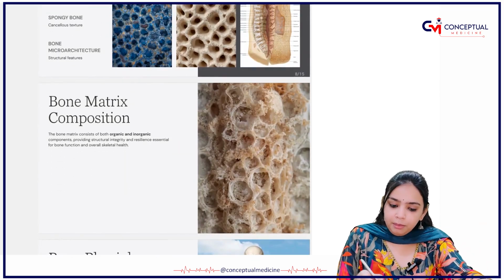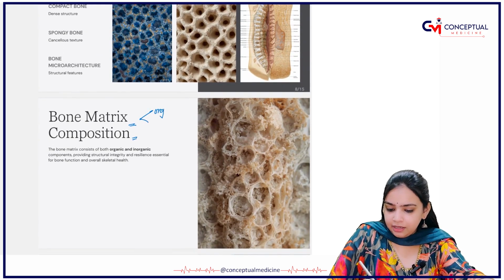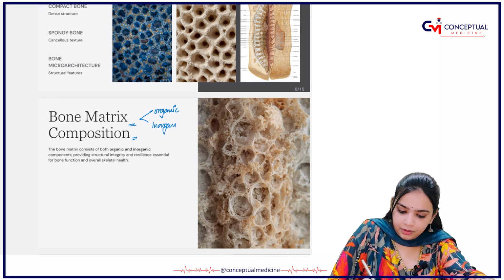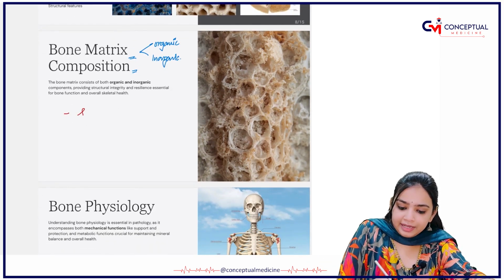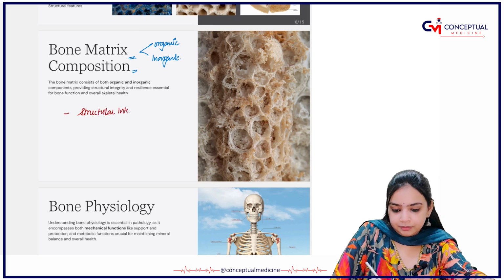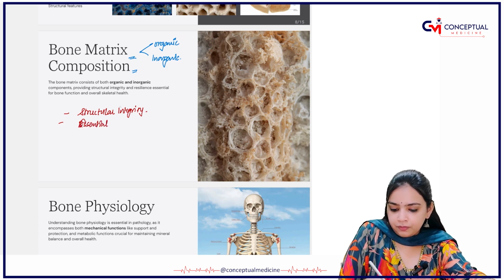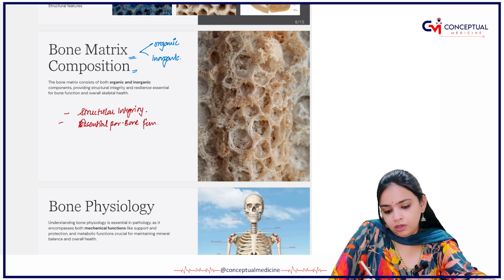If I talk about the bone matrix composition, then you have mainly two types, the organic and the inorganic one. What is their function? They help us in providing structural integrity, and they are essential for bone function.